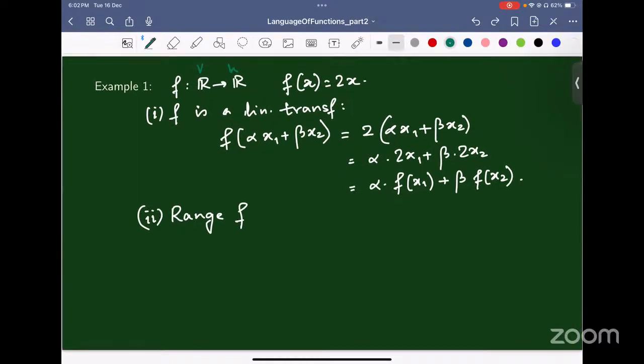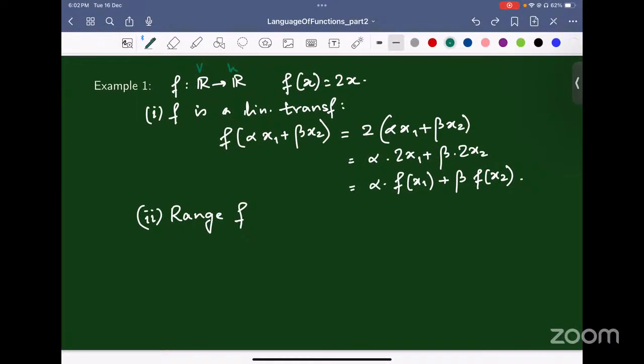So the range of f equals the set of all f of x where x is in the domain. If I simply follow the definition, this is the set of all 2x where x is in R.